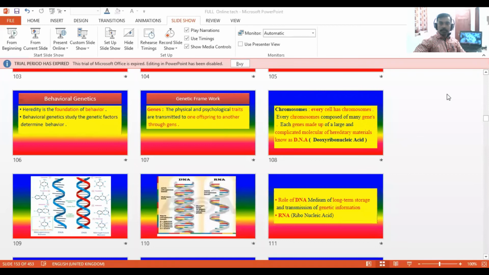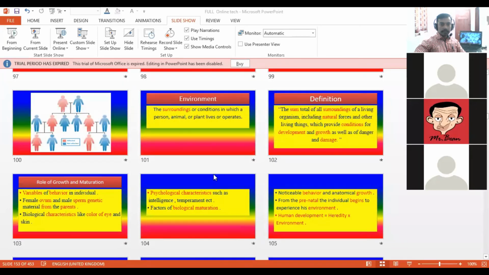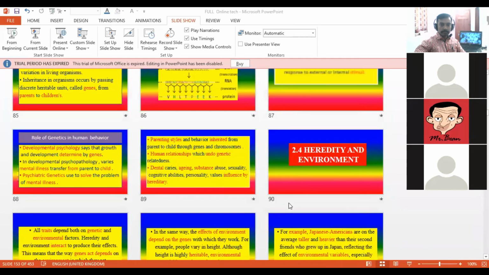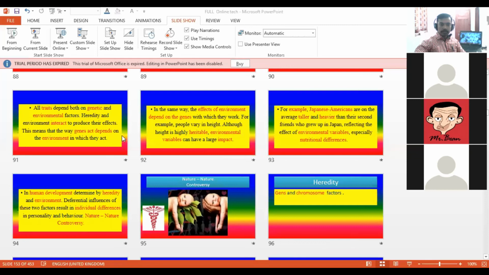Yes, students, this is in the examination. This is a very important question. Okay, heredity and environment, most important. This is the overview.